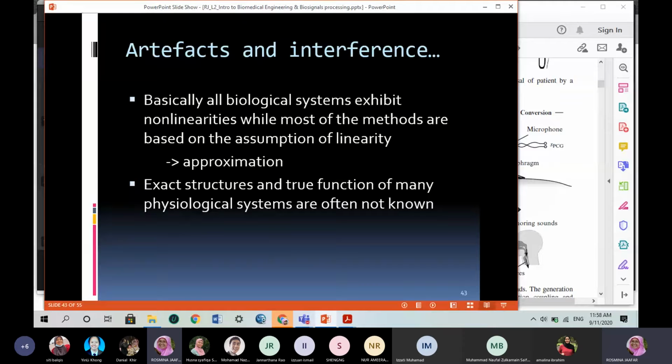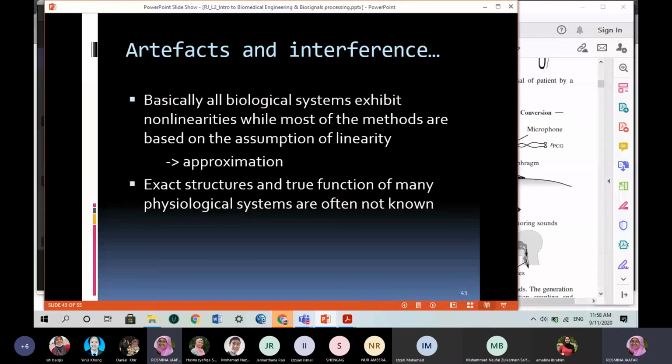Okay, and then we have that basically all biological systems exhibit non-linearities, while most of the methods are based on assumptions of linearity, because a linear system is easy to handle.